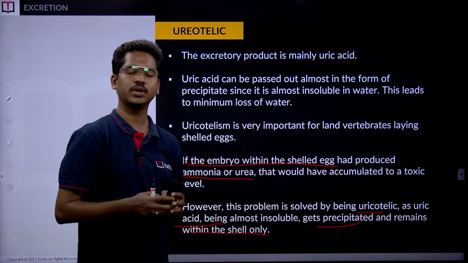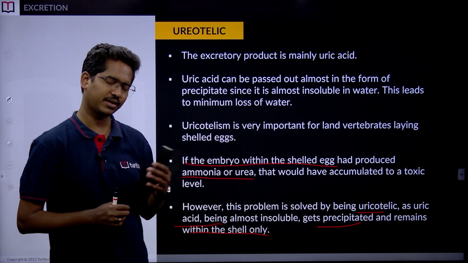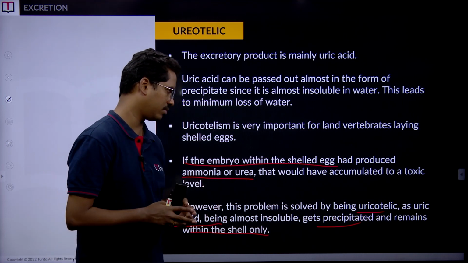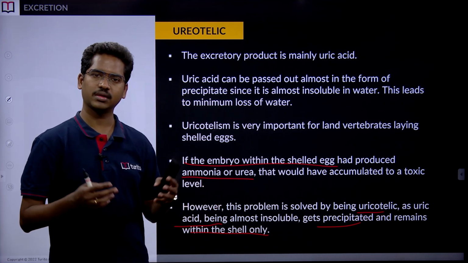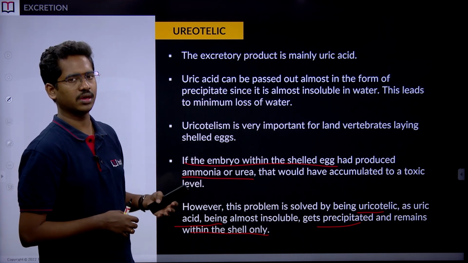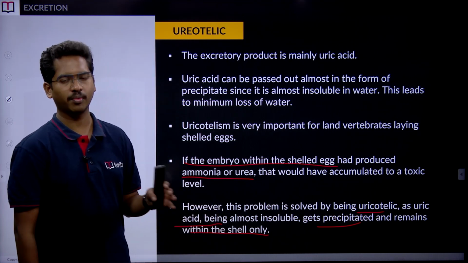So even though urea is produced in the shells of the eggs of these animals, it gets converted into uric acid, which is insoluble in most solvents. That is an advantage here, and it gets accumulated in the shell only and causes no problem to the organism.